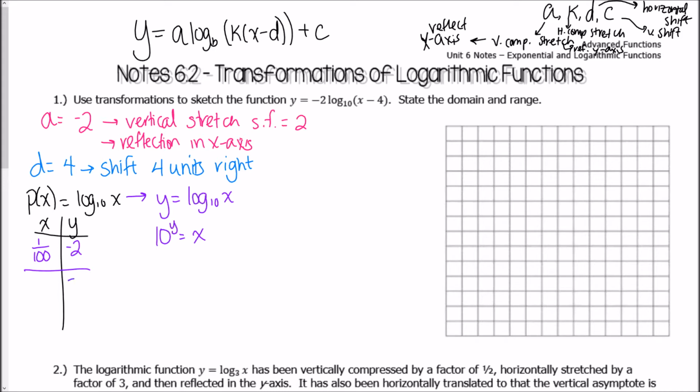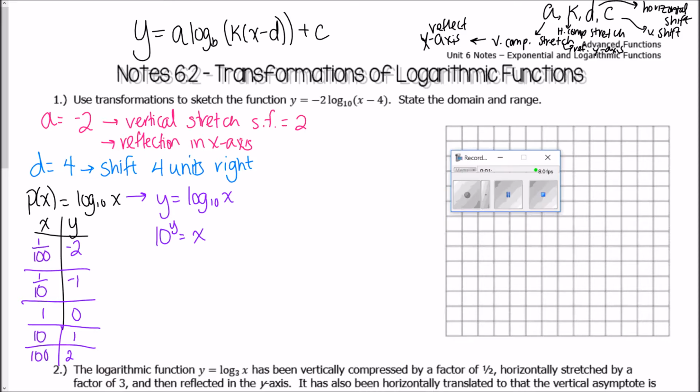If our exponent was -1, then our x value would be 1 over 10. If our exponent was 0, then our x value would be 1. If our exponent is 1, our x value would be 10. If our exponent was 2, our x value would be 100. So remember, just like we did in our exploration, logarithms are just the inverse of our exponential functions, okay?